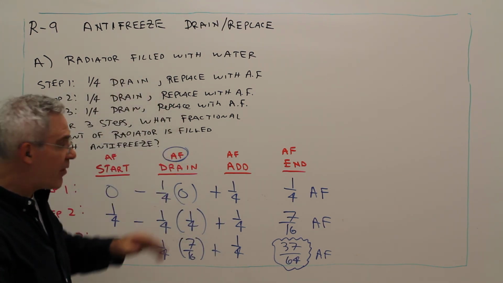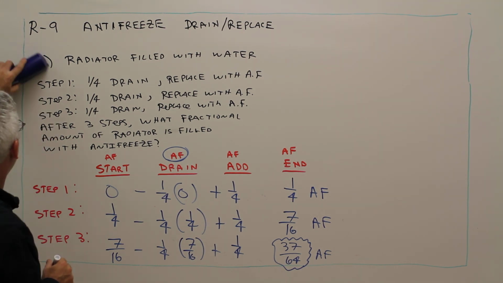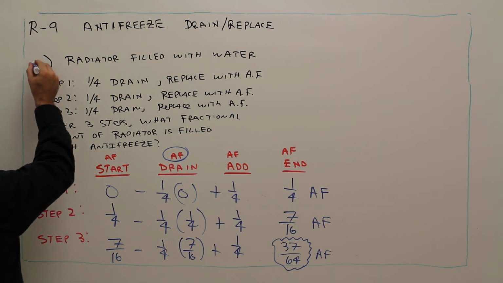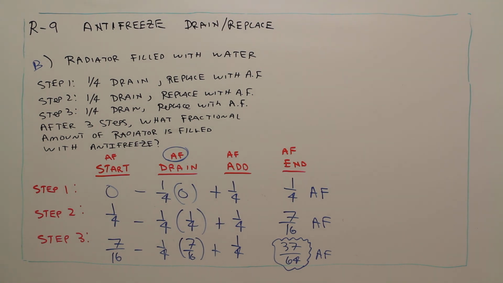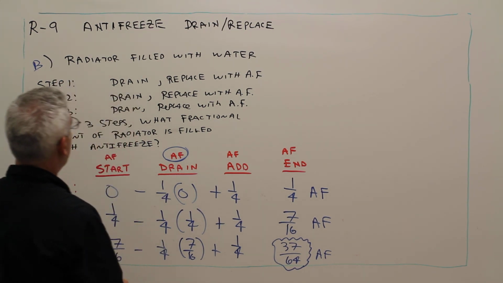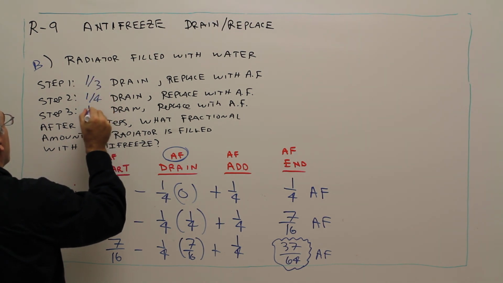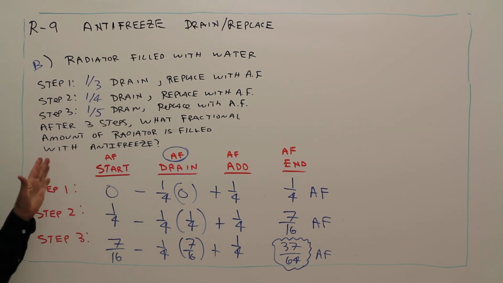I'll kind of keep some of this stuff up here as a template. So here we go with part B. All I'm going to do is change some of these values, 1/3, 1/4, and 1/5. And then it's the same problem.